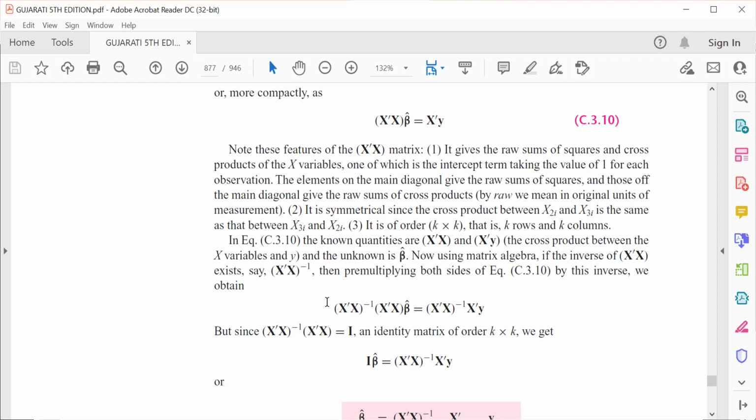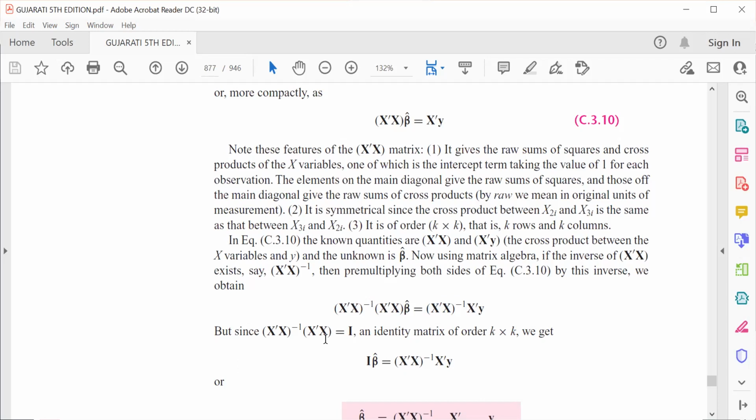Because we multiply x prime x inverse on the left side of the first part, we also multiply x prime x inverse on the left side of the second part of C310, so it becomes x prime x inverse x prime y.